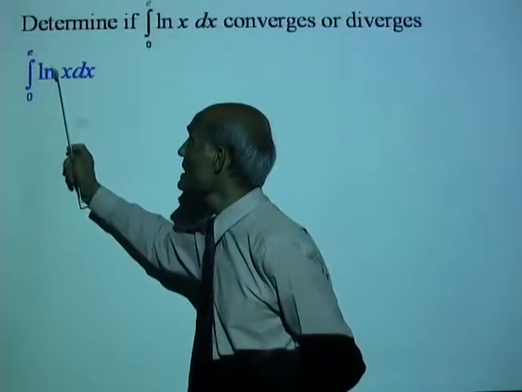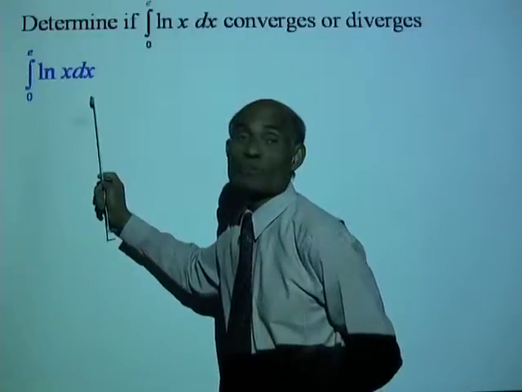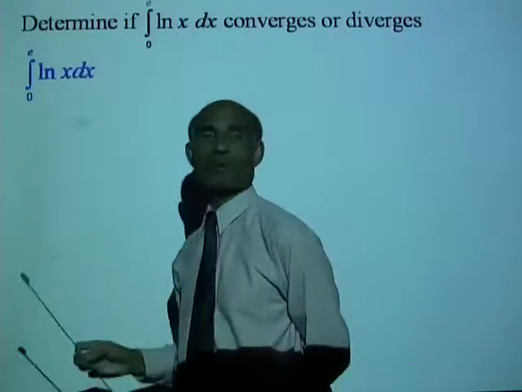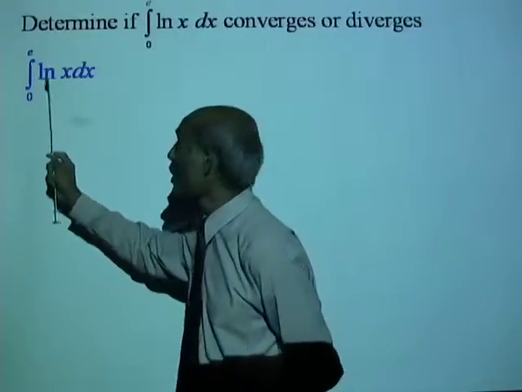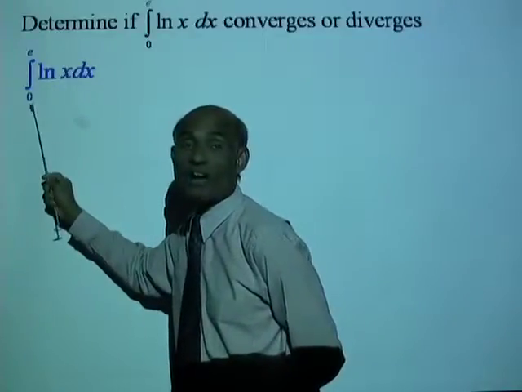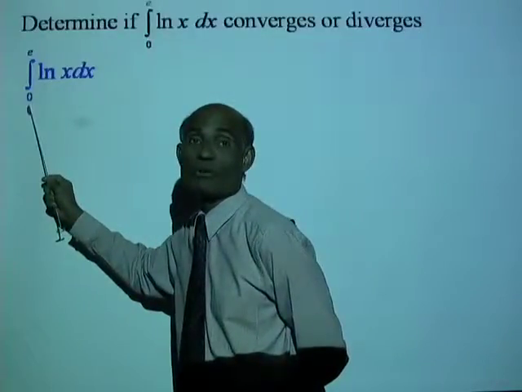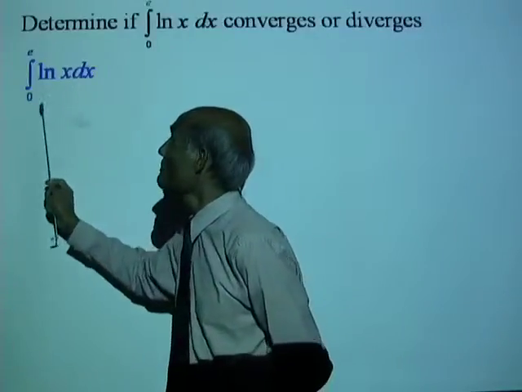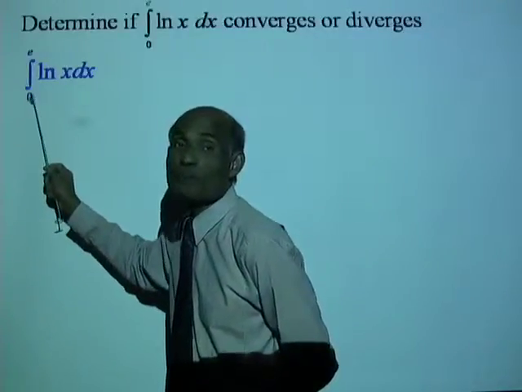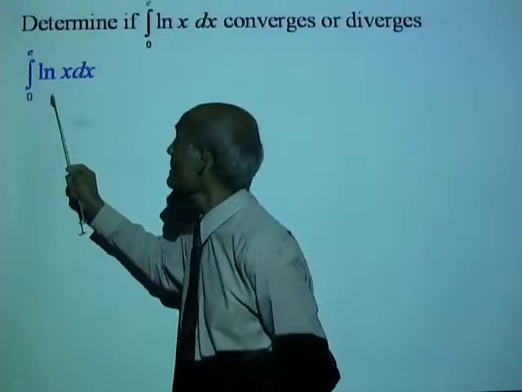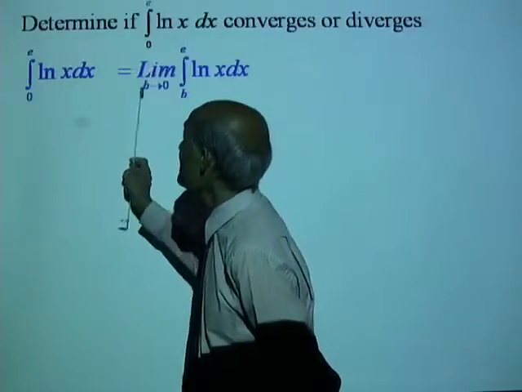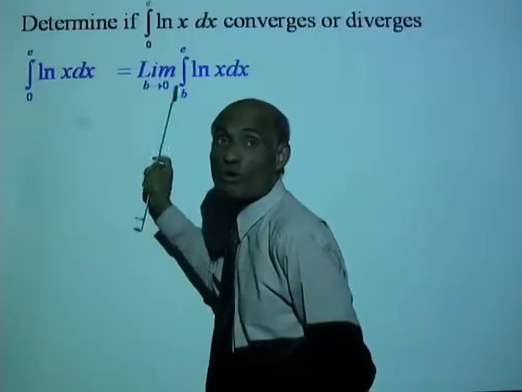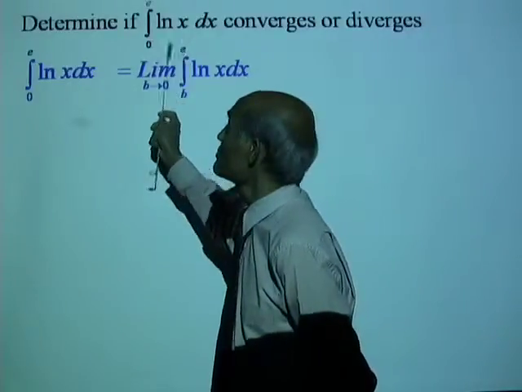Integral 0 to e ln x dx can be written as, why is this improper anyway? Because ln x is undefined at x equal to 0. Therefore, we take the limit when b approaches 0. So this is replaced as limit b approaches 0, integral b to e.